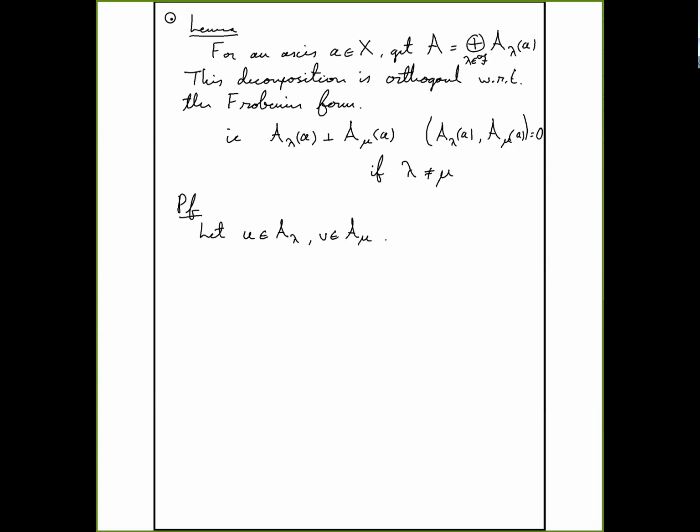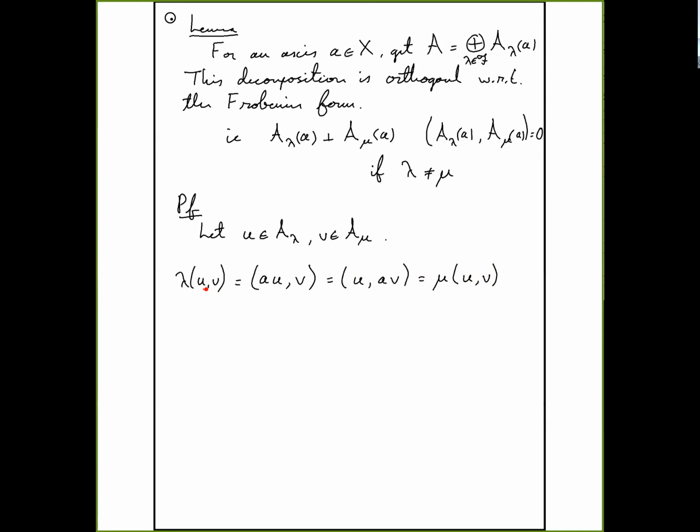So if I multiply U by A, this is going to give me lambda times U times V, because A times U is just lambda U. On the other hand, I can move this A across my product here and get A times V. And playing the same trick here, I get mu here because it's a mu eigenvector.